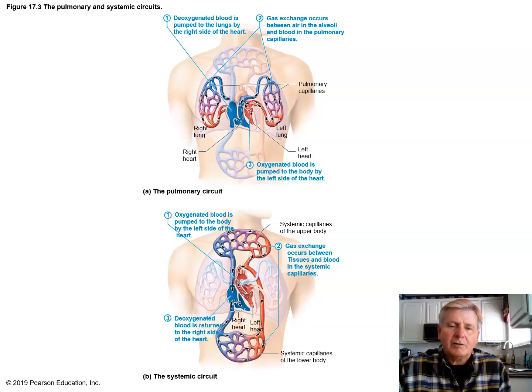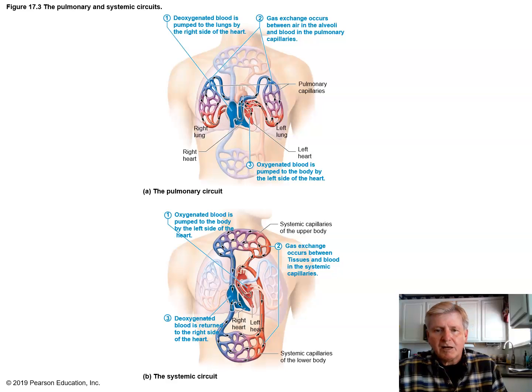So looking at this figure A, you can see this deoxygenated blood that's coming from the systemic circulation is returning to the heart via the inferior and superior vena cava. And then deoxygenated blood goes through the tricuspid valve into the right ventricle, then is pumped out of the right ventricle through the pulmonary trunk, and that's the pulmonary valve, into the right and left pulmonary arteries, where that blood is going to be oxygenated in the alveoli.